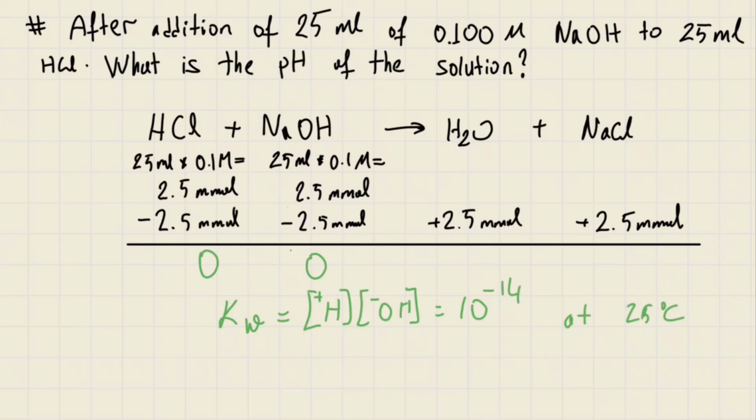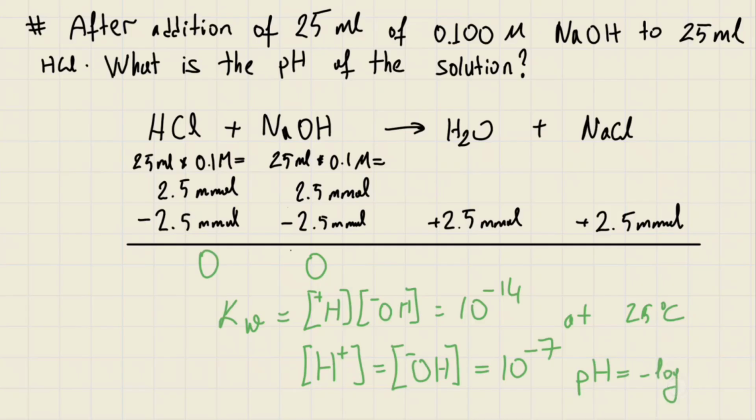So in this case, hydrogen concentration will be equal to OH minus ion concentration, and it will be equal to 10 to the minus 7, and the pH will be equal to minus log 10 to the minus 7, and this is equal to 7. So for the strong acid-base titration at the equivalence point, if both the concentration of acid and the base are the same, then the pH becomes 7.